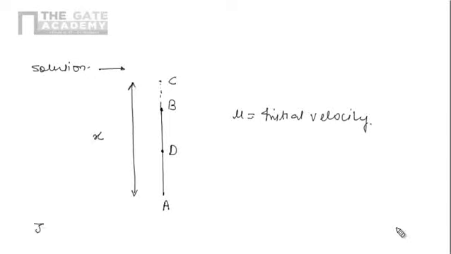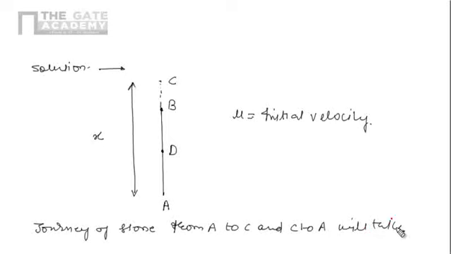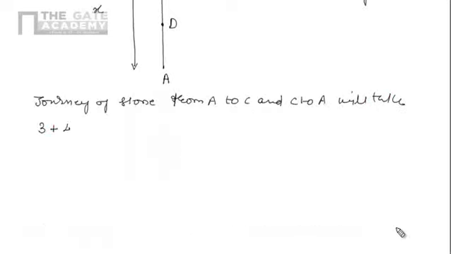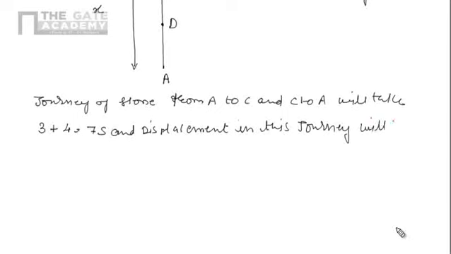The journey of the stone from A to C and C to A will take 3 plus 4, 7 seconds, and the displacement in this journey will be 0 because the initial and final point is the same.